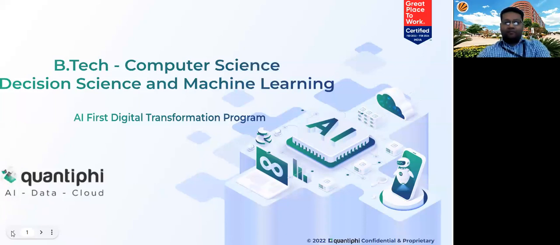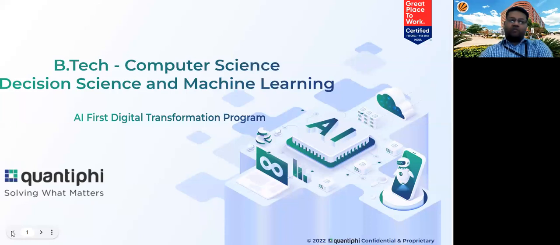Then in second year, some specialization courses will be introduced in which you will learn about machine learning, data structures. In third year, we will introduce the subjects that will build the skills in context of the application development. And in last year, you will get the opportunity to work with Quantifi team.